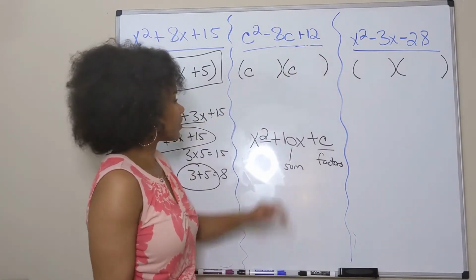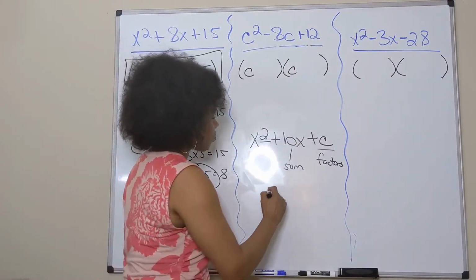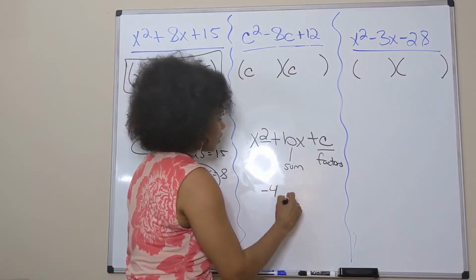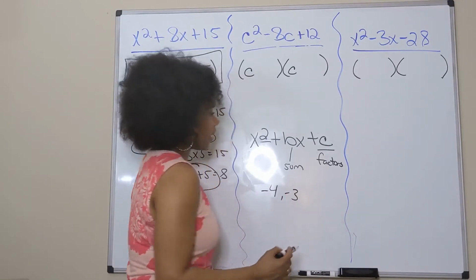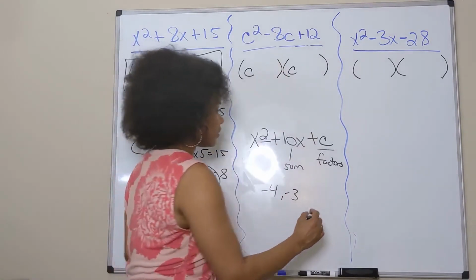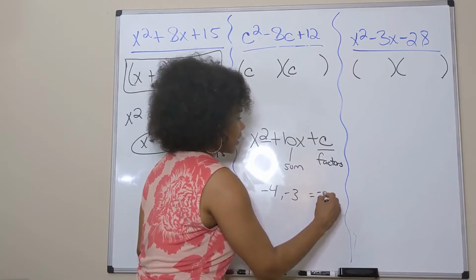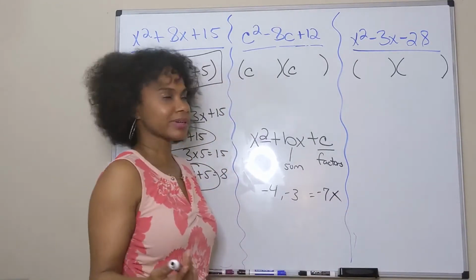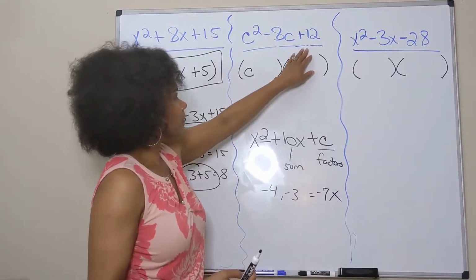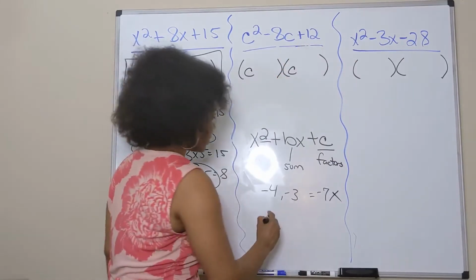All right, so let's see. So 12, I could use 4 and 3, negative 4, negative 3. Will that add up to negative 8? No, that adds to negative 7. So that does not work. Let's try 6 and 2, right?